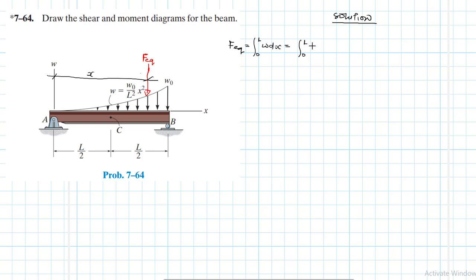We've already been given the function, which is w naught x squared divided by L squared dx.